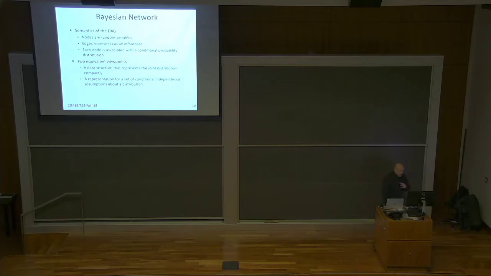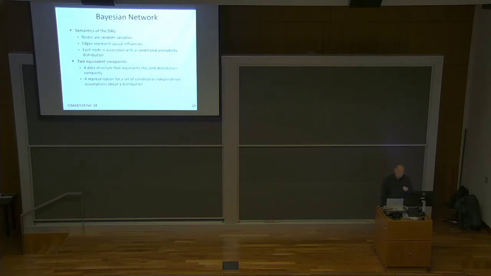Okay, so a Bayes net, just as in the picture that we've seen, it's a collection of random variables that are the nodes. Edges, you can think about, represent causal influences, but really what we care about is, for each node, the set of all parents, because this determines the joint probability distribution.